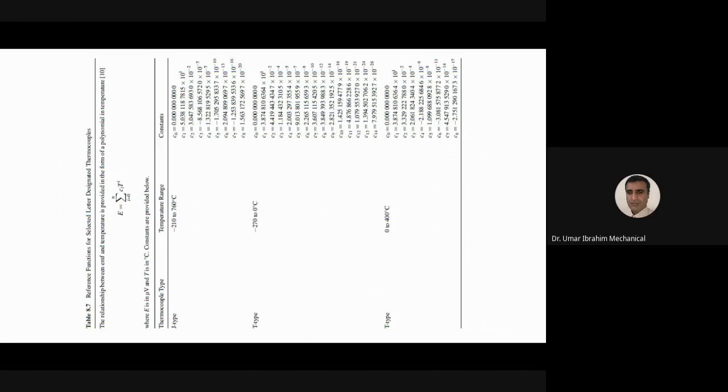Now, a non-linear curve of a thermocouple, let's suppose this is a non-linear curve, just any non-linear curve. We can represent a non-linear curve by a polynomial. A line is a first degree polynomial.